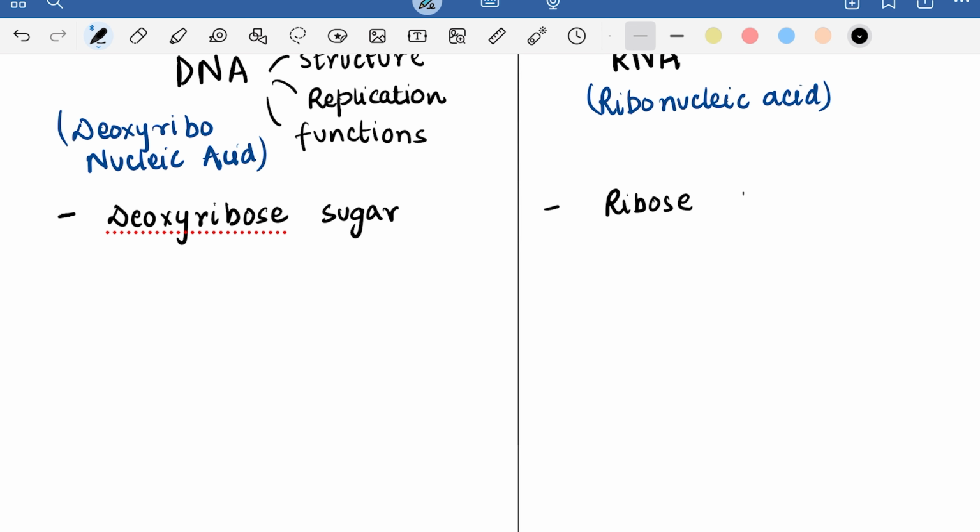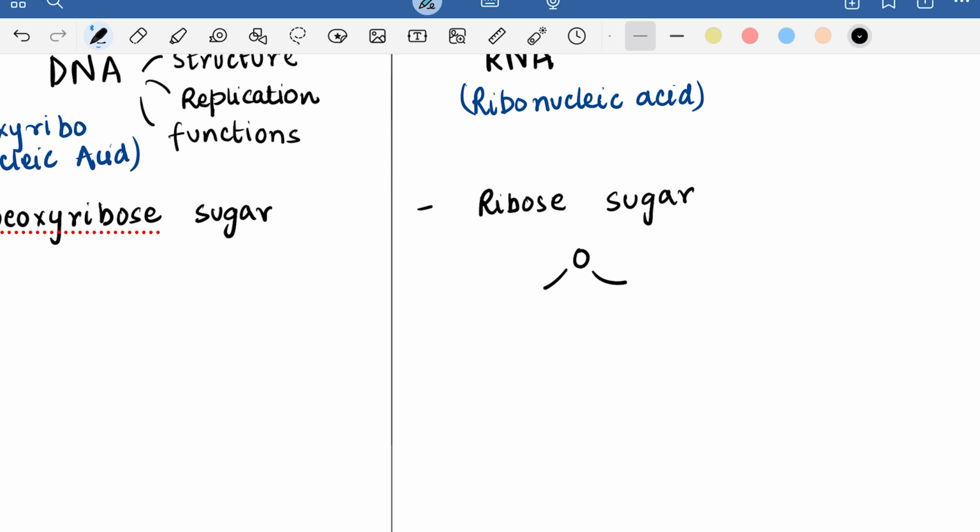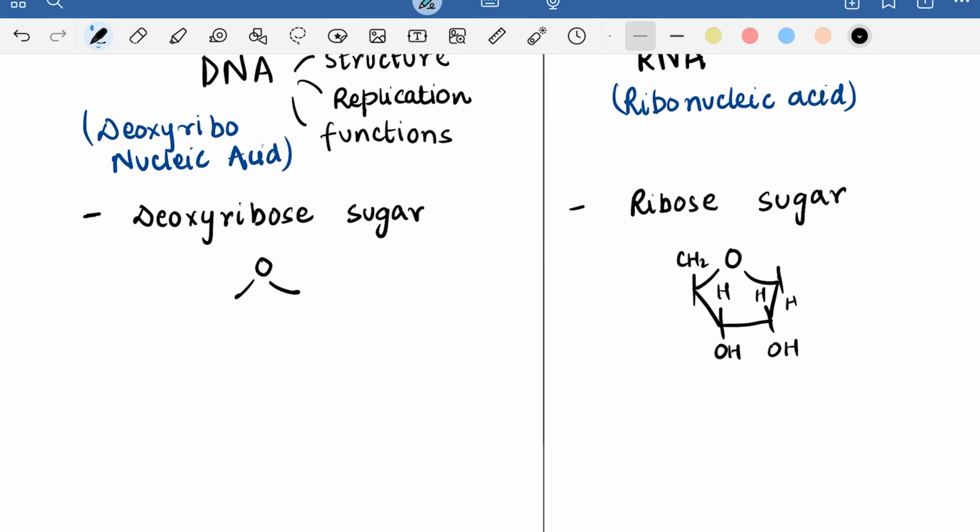DNA has deoxyribose sugar, whereas RNA has ribose sugar, which is a pentose sugar having oxygen atoms at both second and third carbon positions, whereas in DNA, the deoxyribose sugar lacks an oxygen atom at the second carbon position, hence the deoxy part basically.